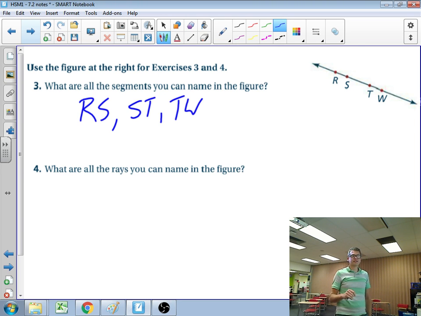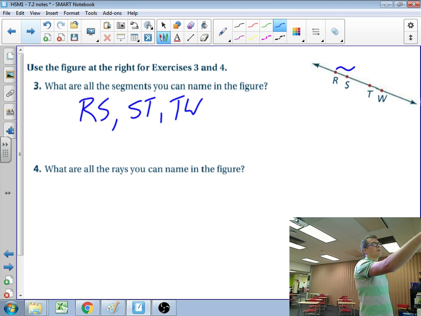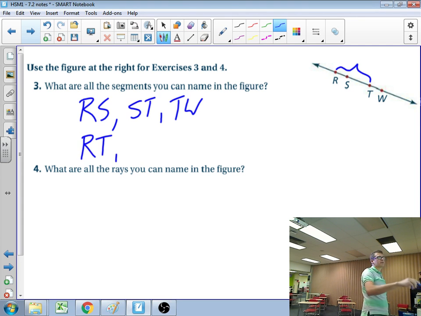Now take your next size segments, connections of 2 of the previous segments. So now I'm going to connect RS with ST and make RT. Then I'm going to connect ST with TW and make SW. And of course with all of these we need the segment notation above them.